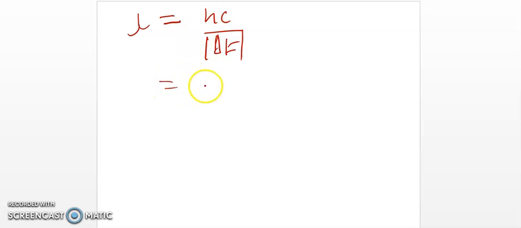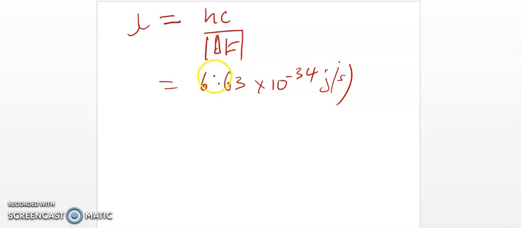We know that wavelength is given by lambda equal to hc divided by the magnitude of that energy. Here c is simply the speed of light, and these are constants. h is given by 6.63 times 10 negative 34 joule seconds, multiplied by c, the speed of light, which is 3 times 10 power 8 meters per second.